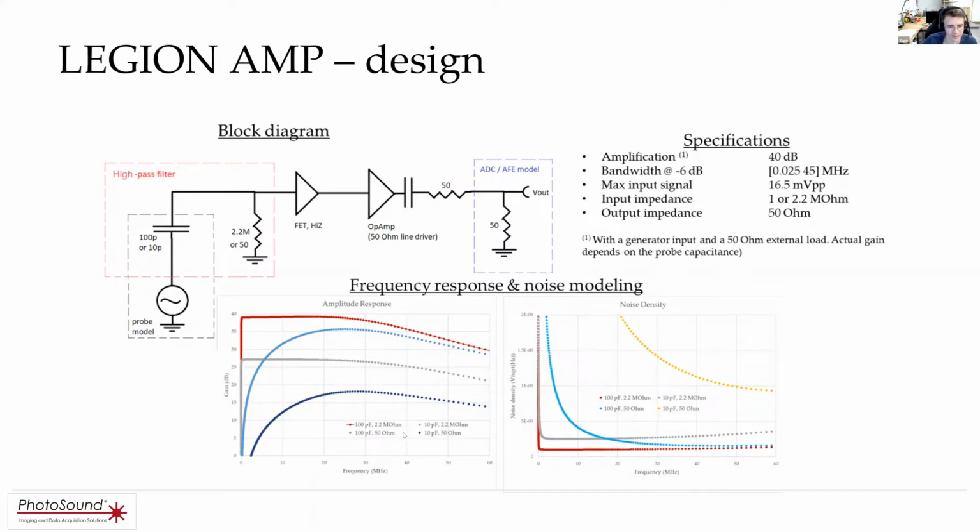Conversely, with the low input impedance, the response is not nearly as linear, so your quantitative analysis won't be as accurate. And with this higher input impedance, you can actually take advantage of these lower capacitance probes, especially with applications like you'll see next from Wei as he presents about X-ray or ionizing radiation excitation.